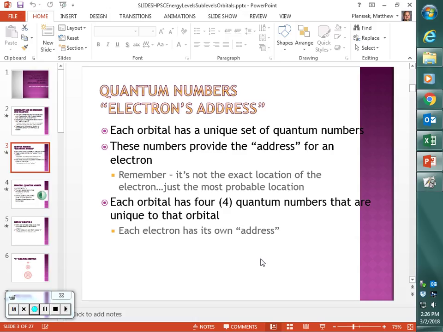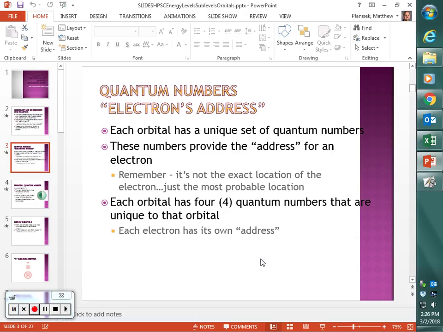No, there's a pattern. There's a pattern. Each orbital on that picture that we drew and all the other orbitals that we didn't draw, because there's lots more that keep going with that picture, all of those orbitals have a unique combination of quantum numbers that distinguishes it from all the other orbitals.